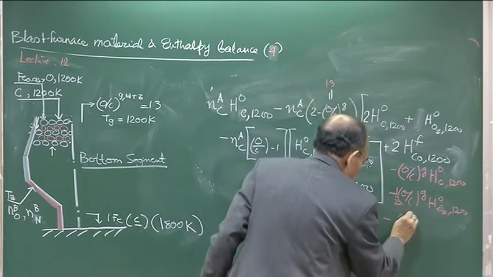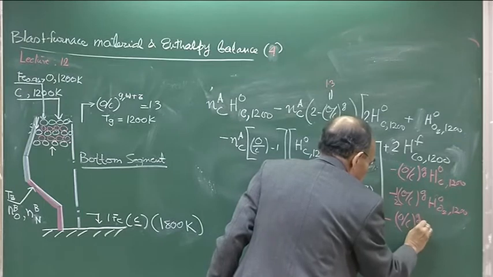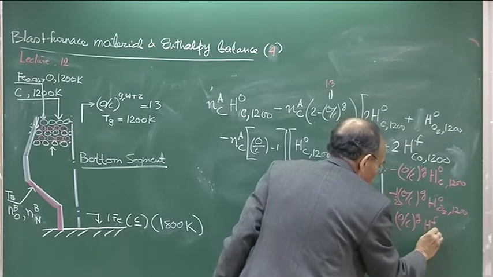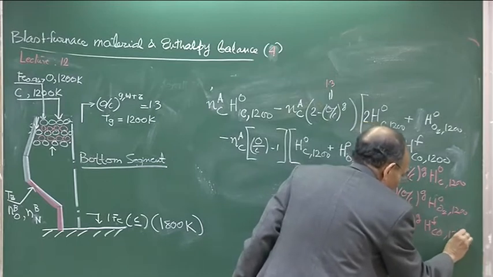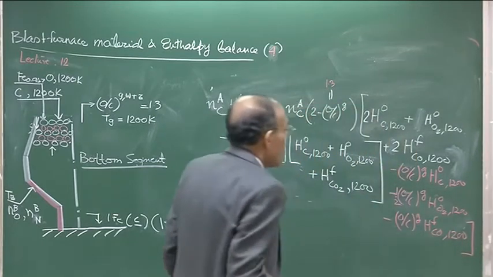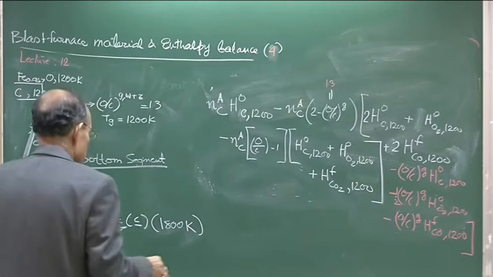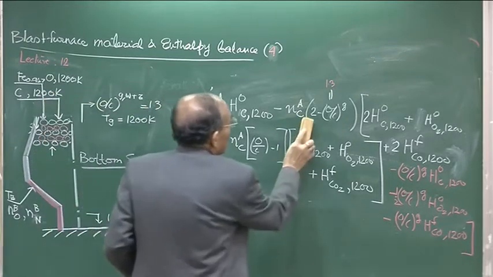So, we have O by C gas into heat of formation of CO2 at 1200. So, these 6 terms have come from this term.